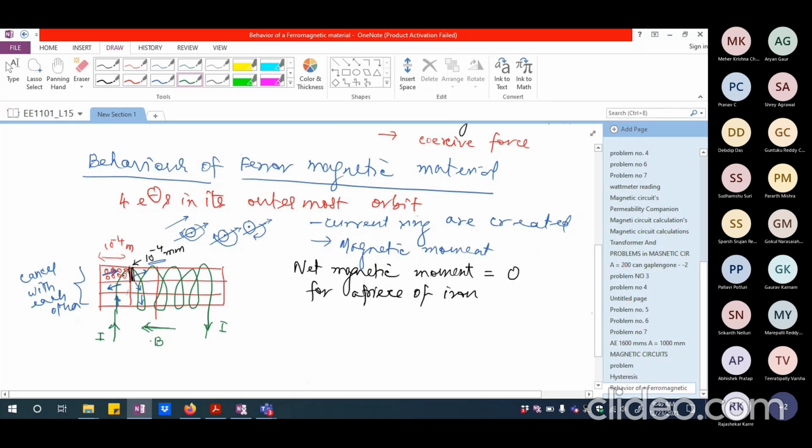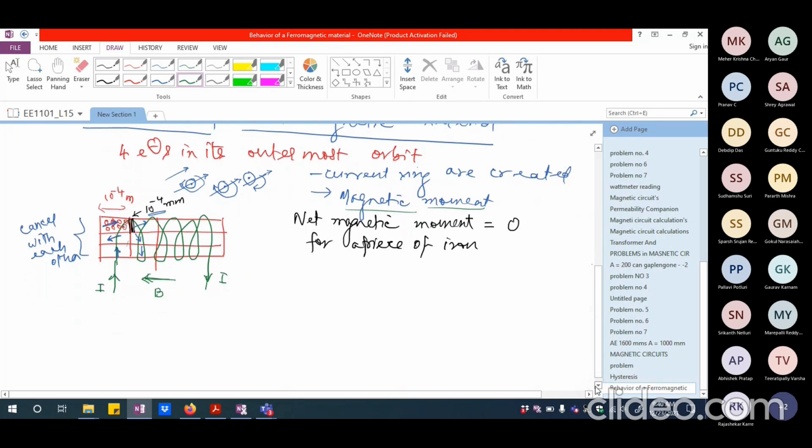Whenever you have air surrounding it, the air does not have these inherent magnetic moments available. So what you create as flux is because of the current that is flowing and the magnetism that is created extrinsically.